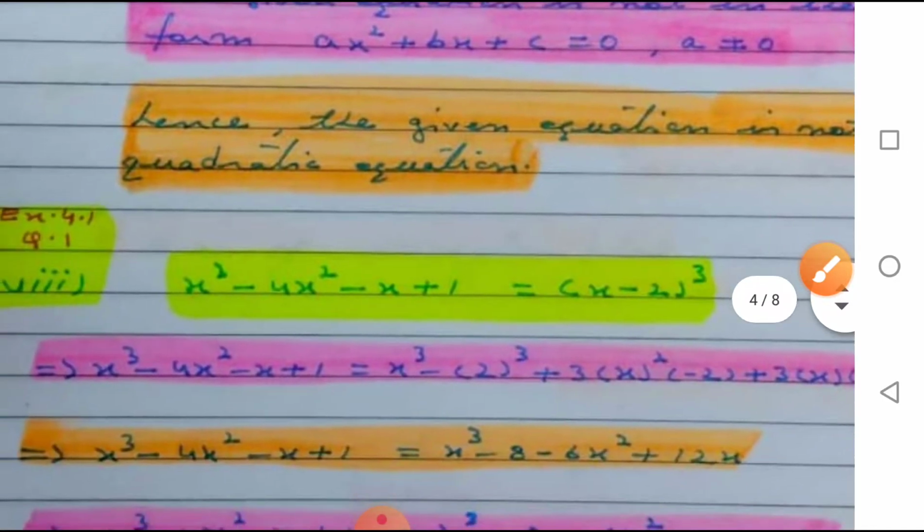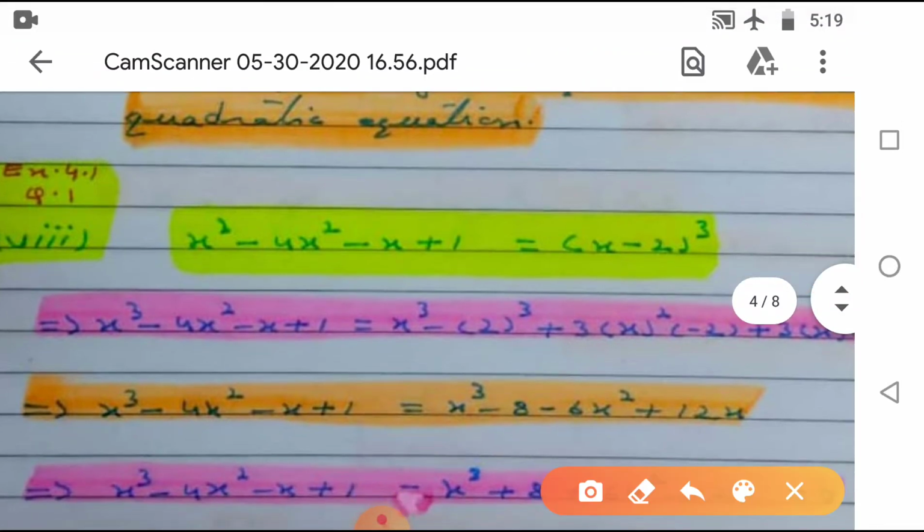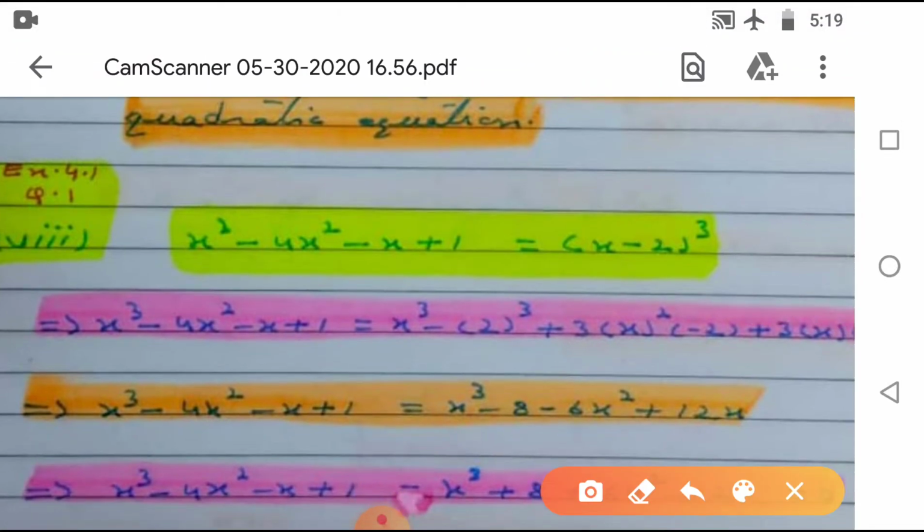Come to the eighth part of this question number 1, and the question is x³ − 4x² − x + 1 = (x − 2)³.